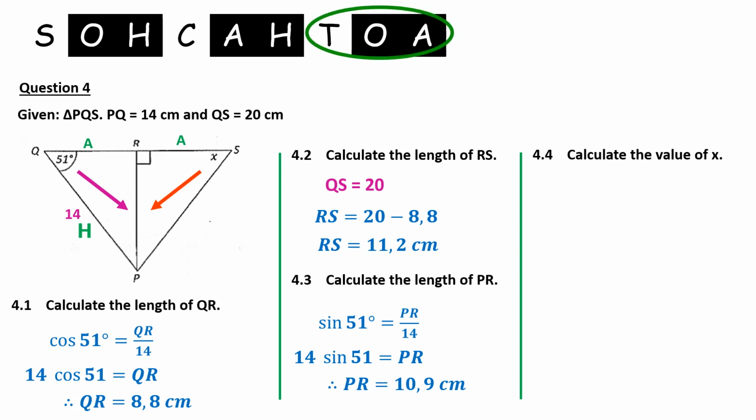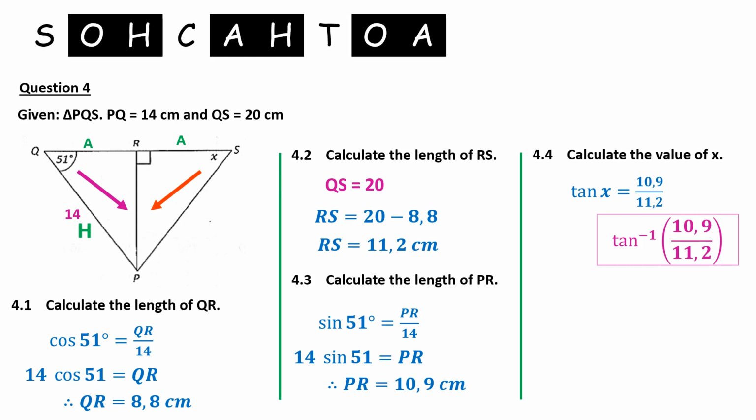So we're going to work with tan. So the tan of x is going to be the opposite side, which is 10,9, over the adjacent side, which is 11,2. Now I want to calculate the angle. On my calculator, I'm going to type in shift tan, 10,9 over 11,2. And if I round off to one decimal place, I get 44,2 degrees.